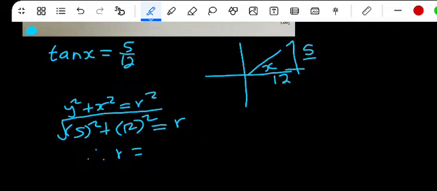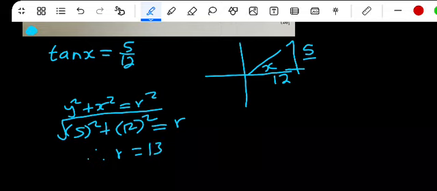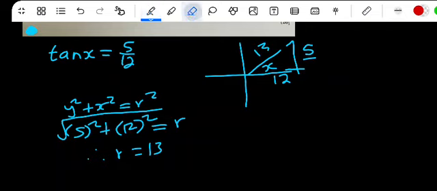Therefore, r, the hypotenuse, will be the square root of 12 squared plus 5 squared. Alright, so this is 13. So here we'll have 13. That is the triangle there.